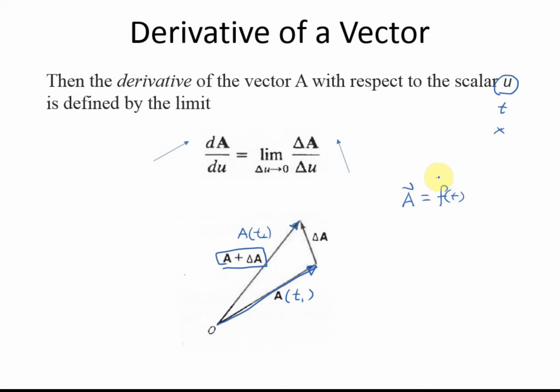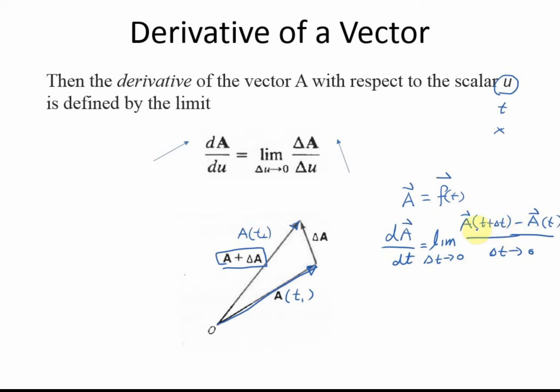But for vector functions, you can take derivatives of a vector over t as well. So you can still use exactly the same equation: the limit as delta t goes to 0 of vector A at t plus delta t minus vector A at t, over delta t.